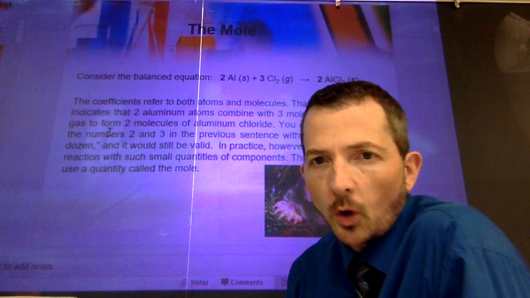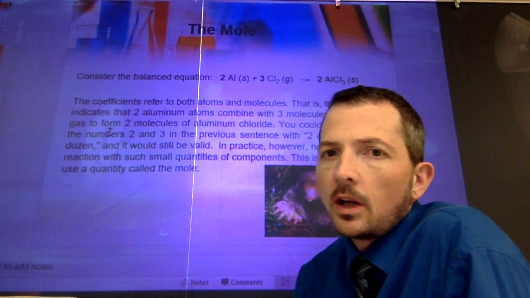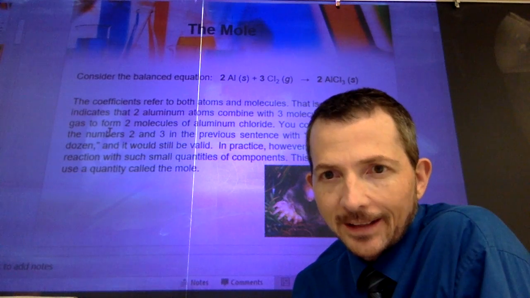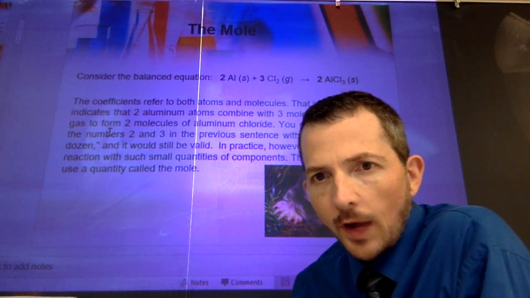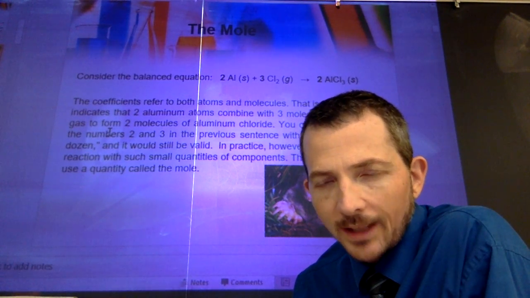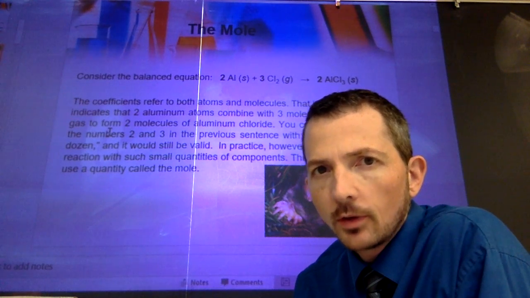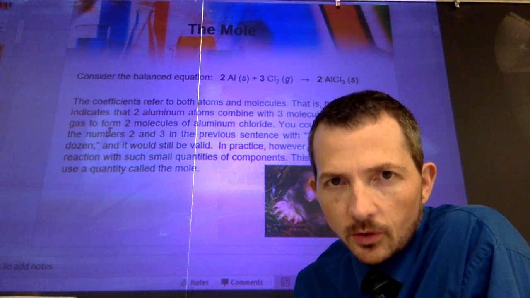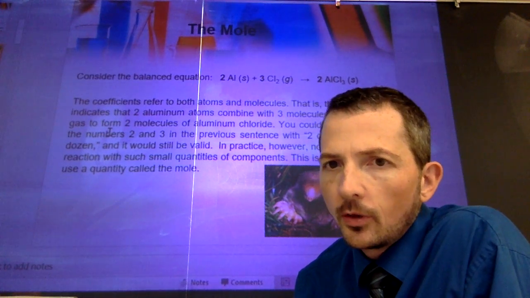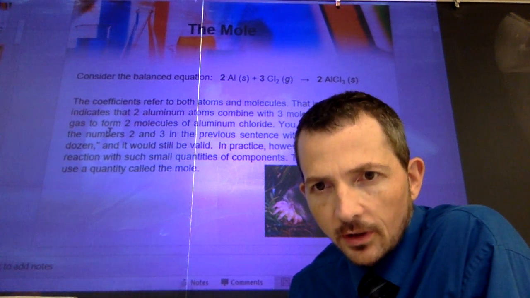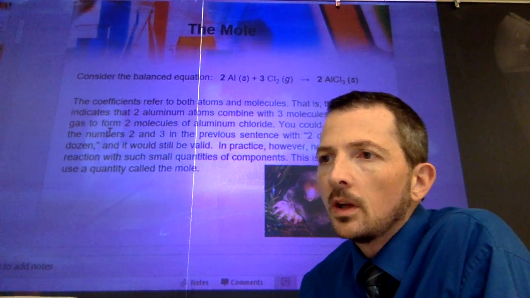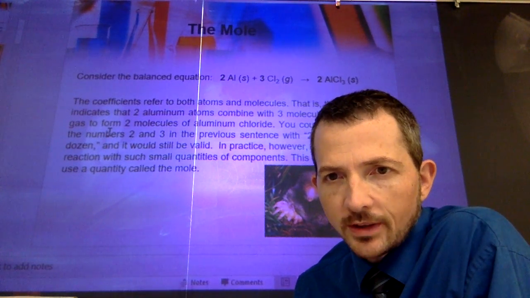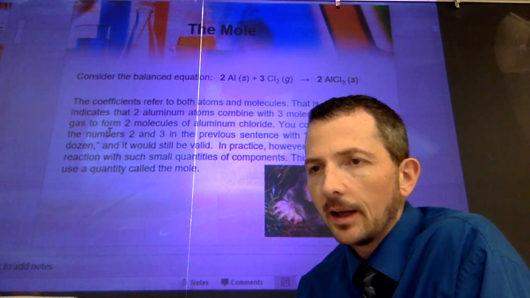Now if you were actually going to go into the lab and make aluminum chloride without any excess reactant, reacting them together on a one-to-one basis where nothing is left over, you can't exactly measure out 2 aluminum atoms or 3 chlorine molecules because atoms and molecules are so small. So we need a unit, some way we can actually measure this stuff out so we can do it in the lab.